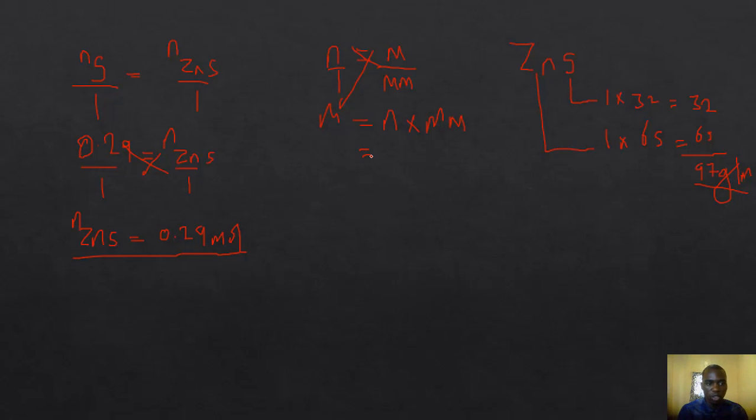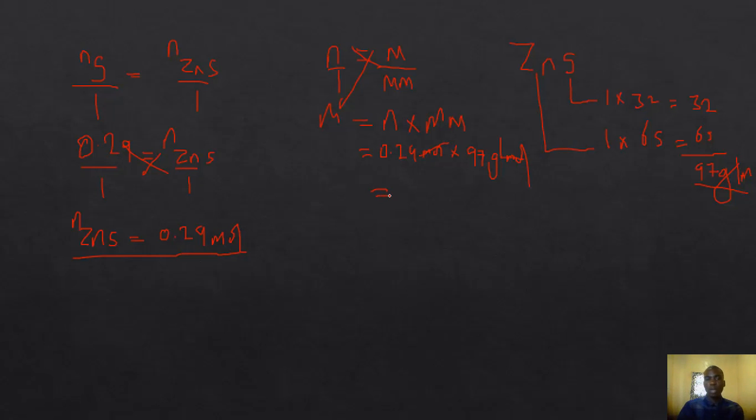So we go back and multiply here. This one will be 0.29 moles multiplied by 97 grams per what? Per mole. So the mole and the mole will go.